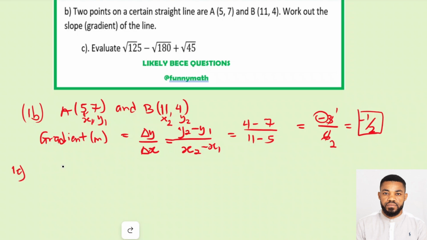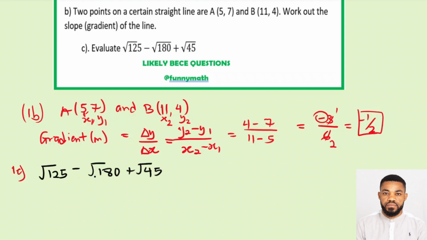Come to the second question. We have to evaluate the root of 125 minus the root of 180 plus the root of 45. So that's the setup. And how do we simplify such an expression?